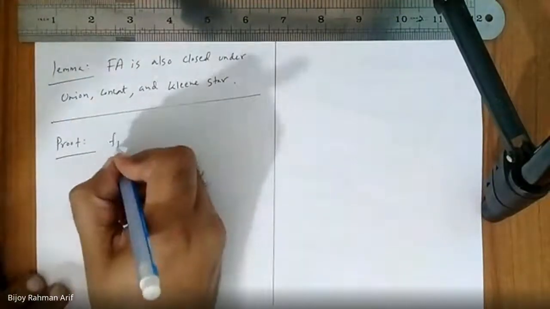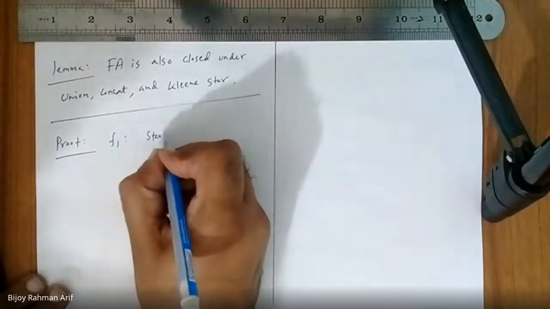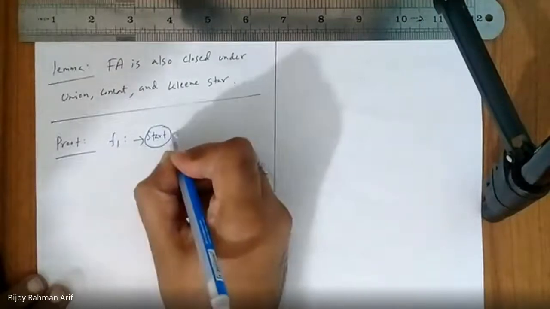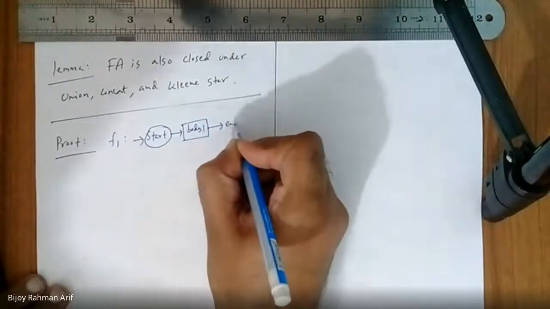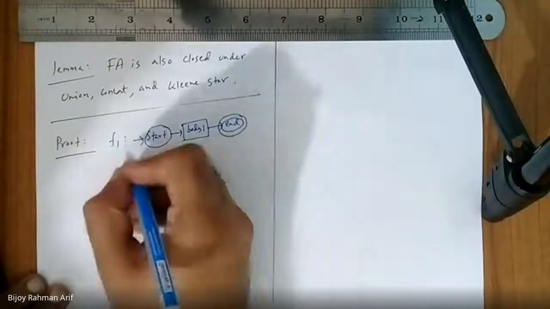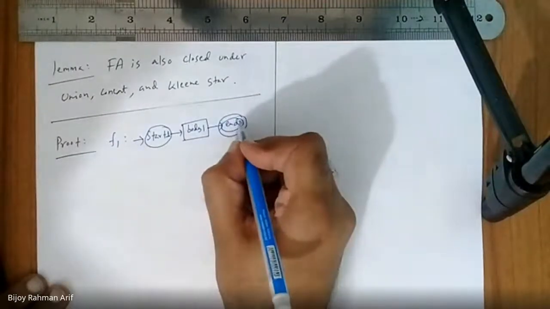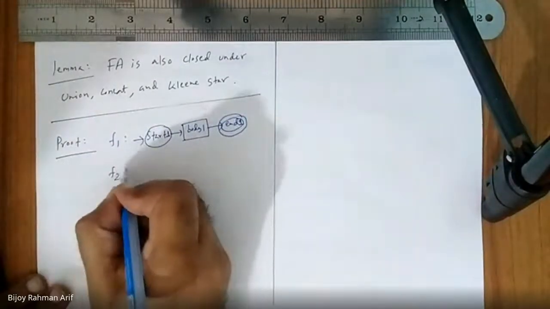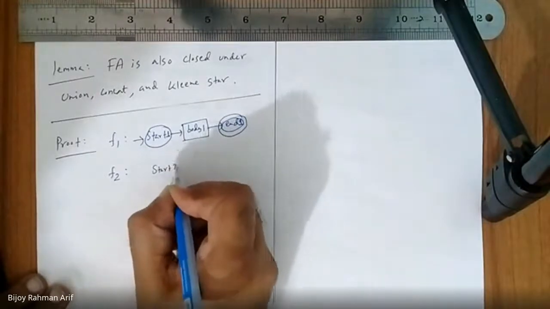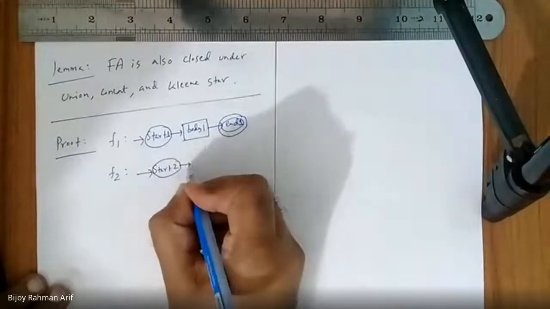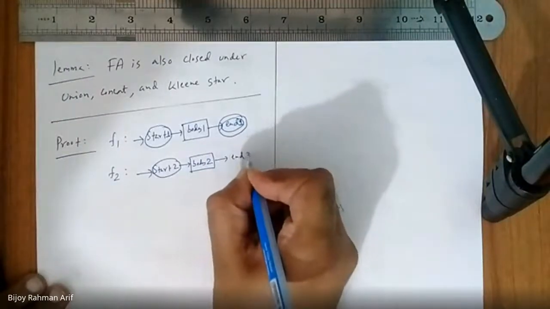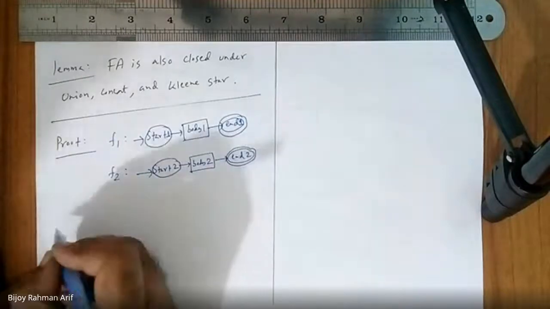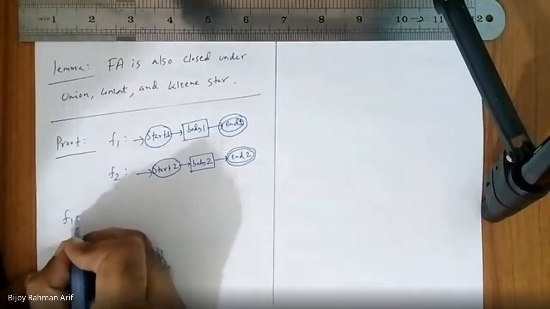See, let's assume my finite automata 1 is like this: start 1, body 1, and end 1. And let's assume my finite automata 2 is like start 2, body 2, and end 2. Now F1, F2.